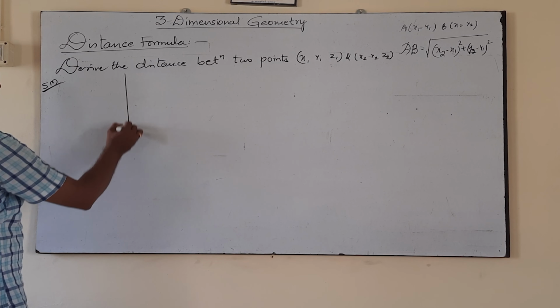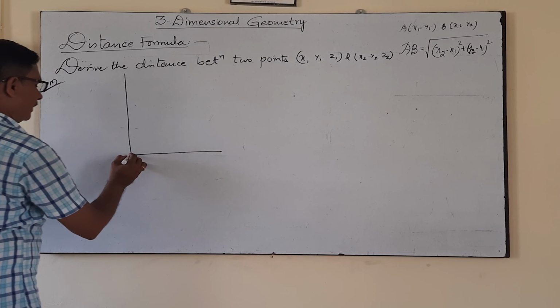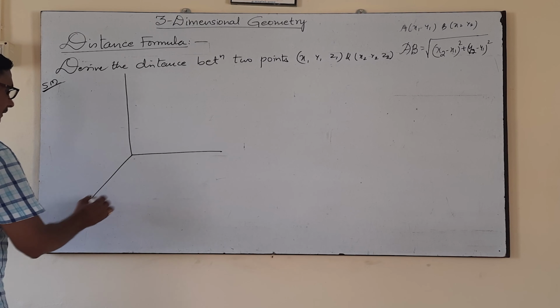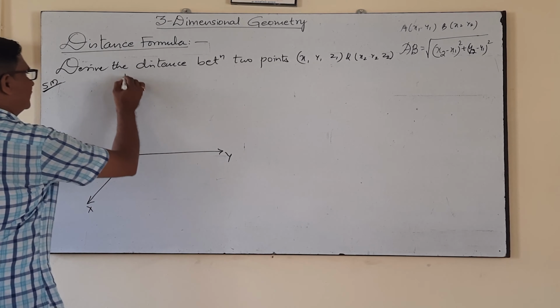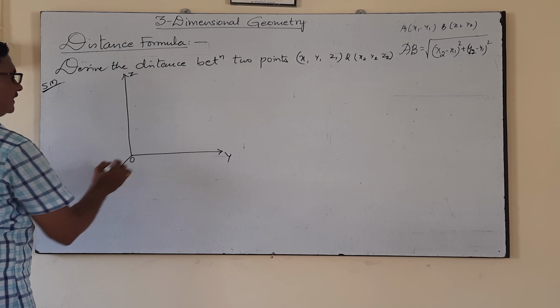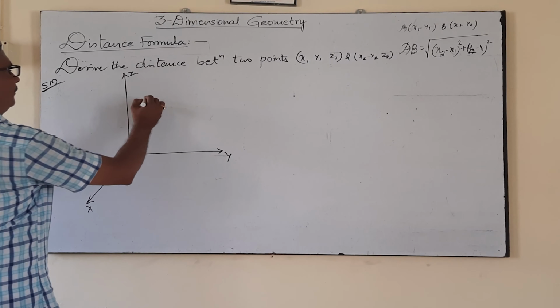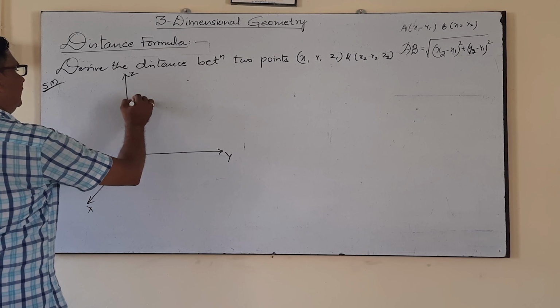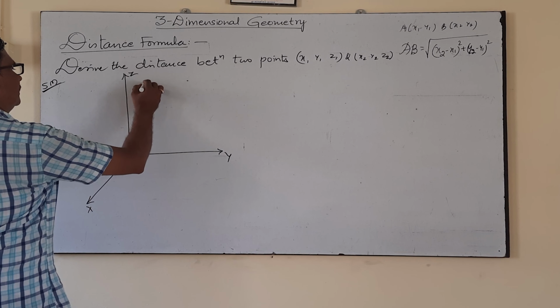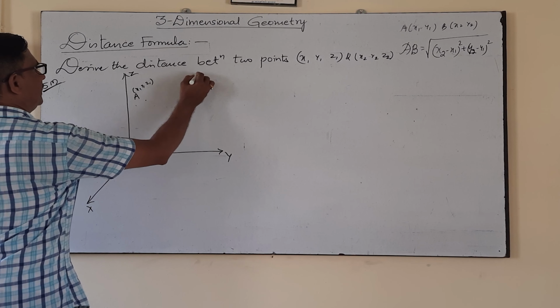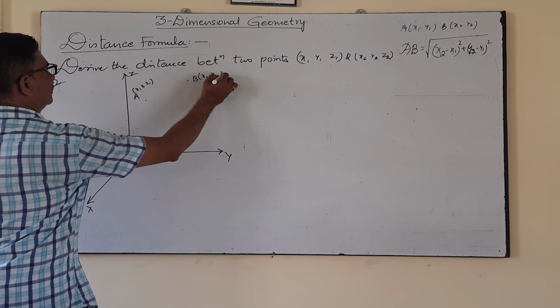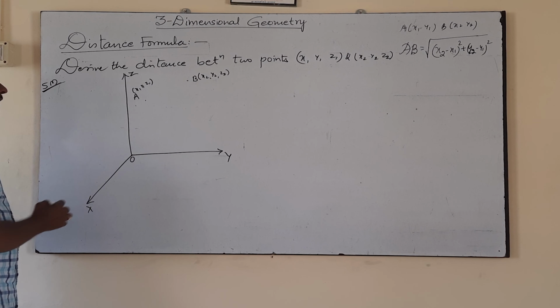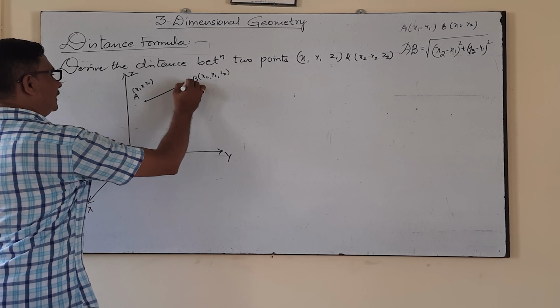Look here. Let x, y, z be the 3 axes: x axis, y axis, z axis, and O is the origin. Now take 2 points. Let A be the point (x1, y1, z1) and B be the point (x2, y2, z2). Join AB.